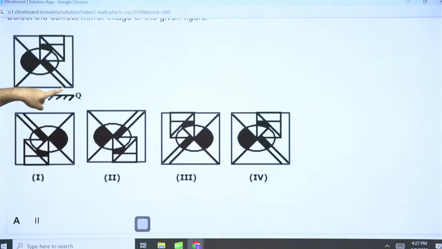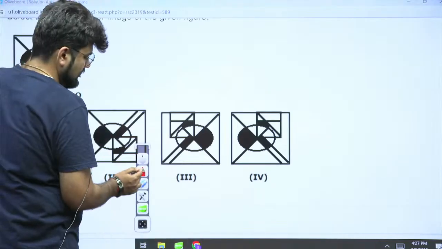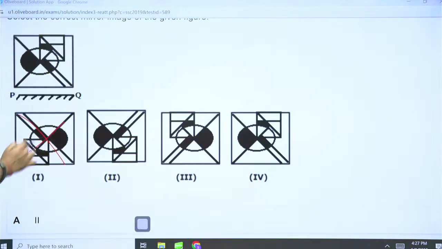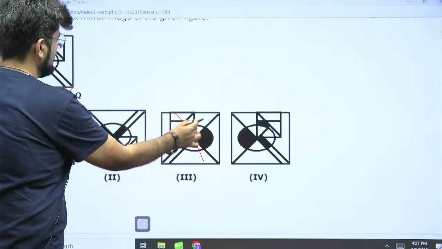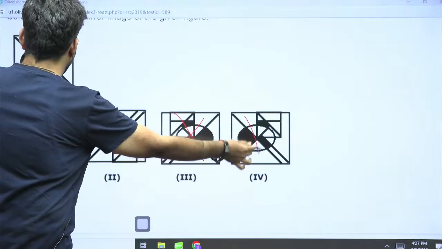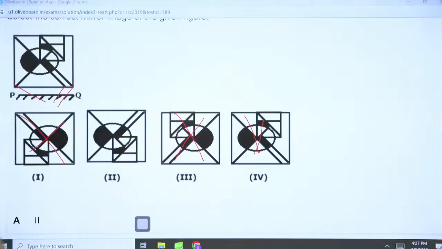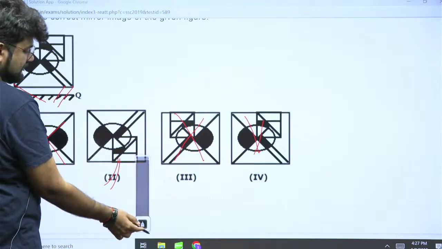So this double line will still be here and this single line will be here. So option 1 is deleted. This is gone because this will be a double line like this and a single line like this. So this is completely vague. Oh my God, is that possible? Can that be that easy? Figure 2 is the right answer.